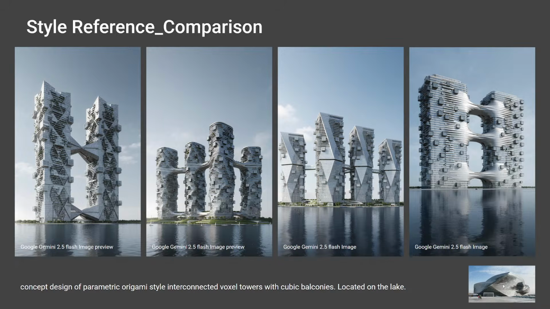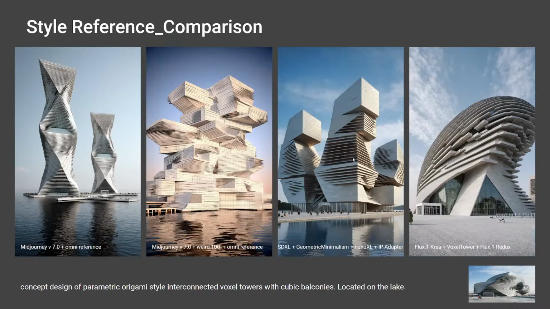Basically each part of this prompt is represented in all of these images. We take the style in all these images, we can see it. We have multiple towers, we have connections between them, we have cubic balconies, which is not the case here, for example. Flux kind of tried to do that, but did not really achieve a nice result.